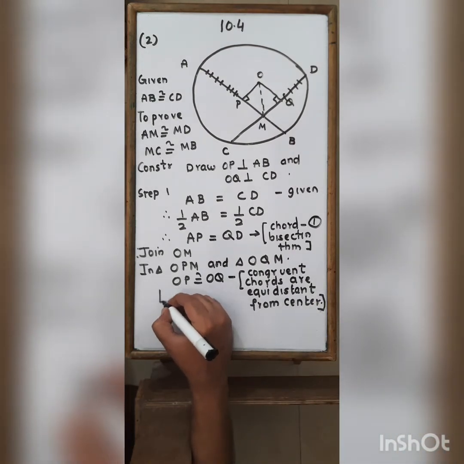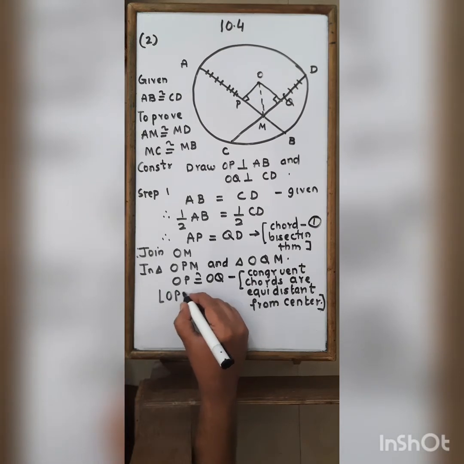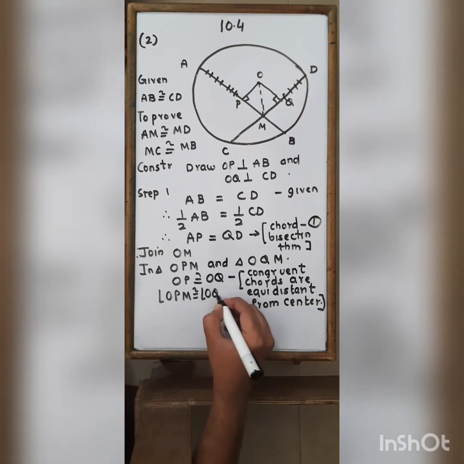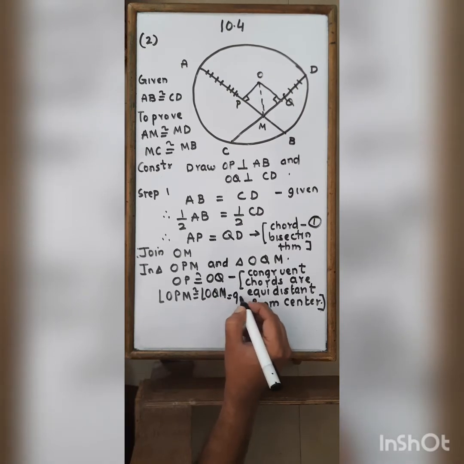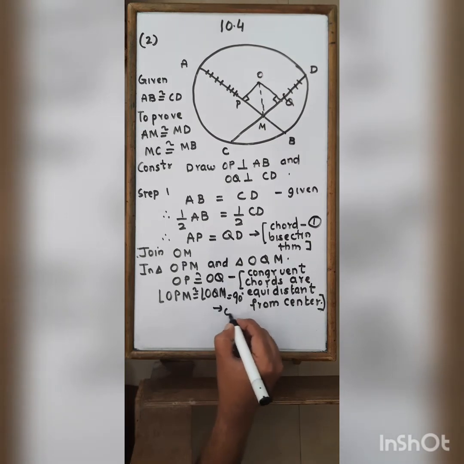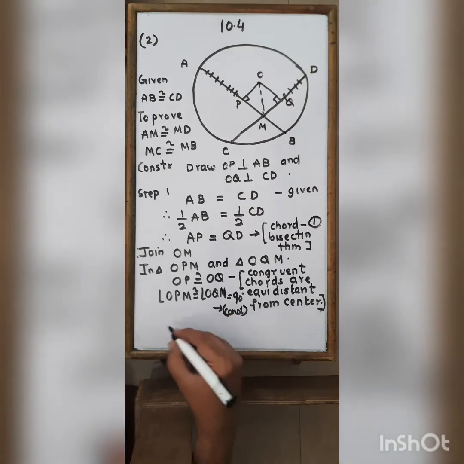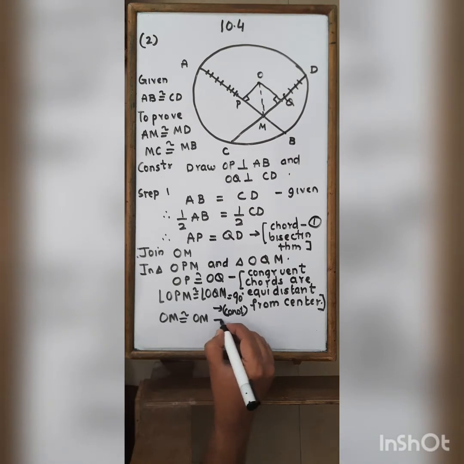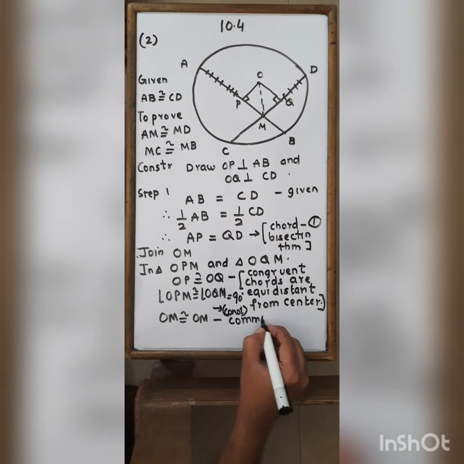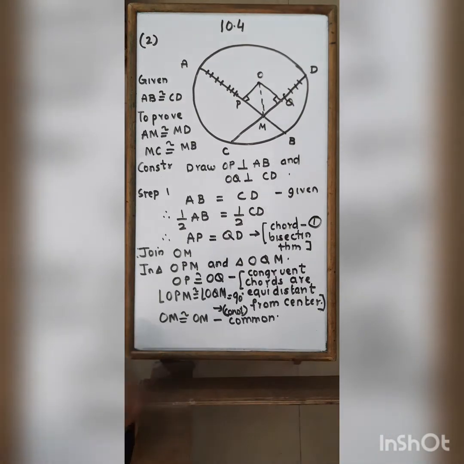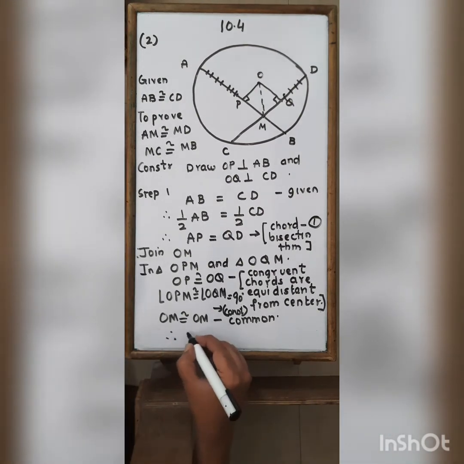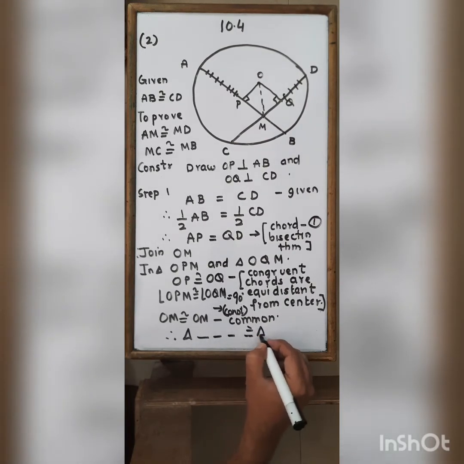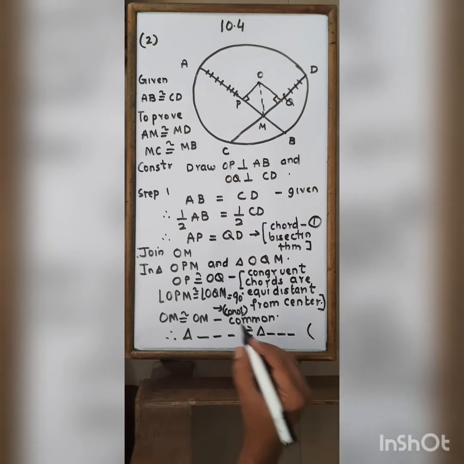Can I also say angle OPM is congruent to angle OQM, equal to 90 degrees? Can I say it is construction? And can I say OM is congruent to OM? This is common. Right. So therefore can I say triangle OPM is congruent to triangle OQM?